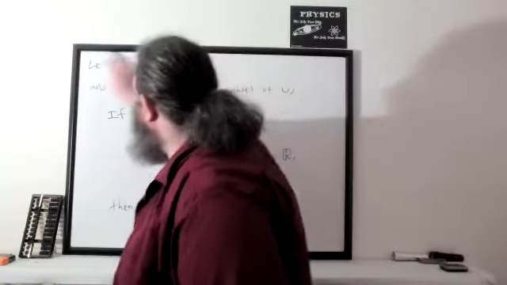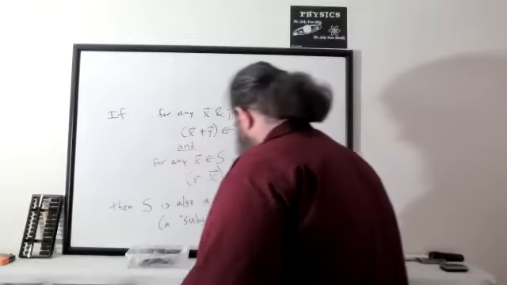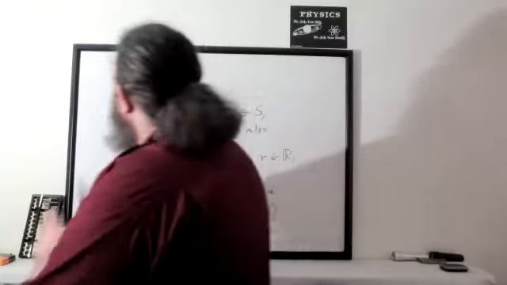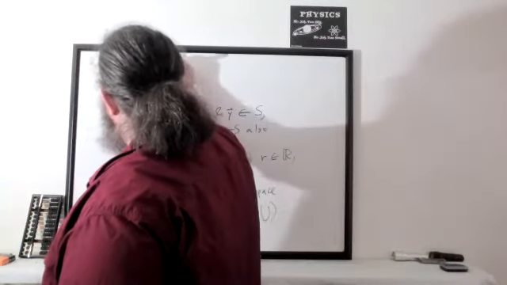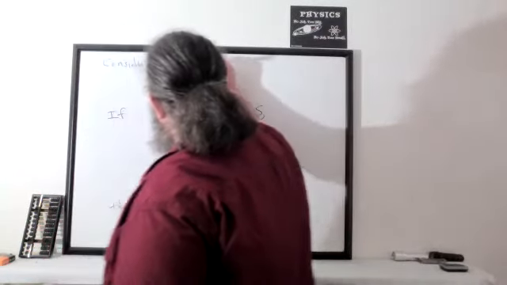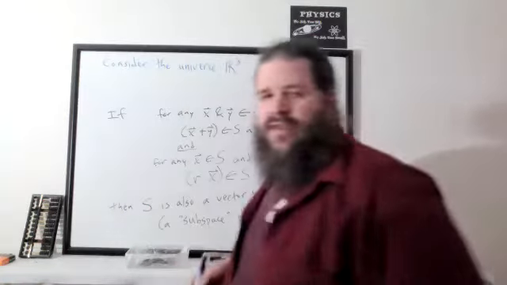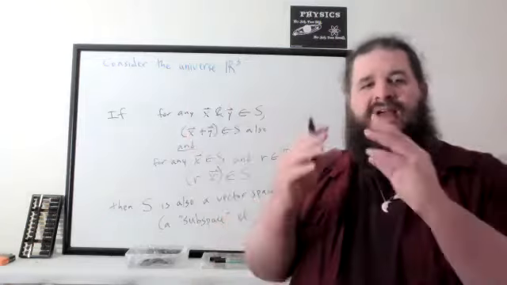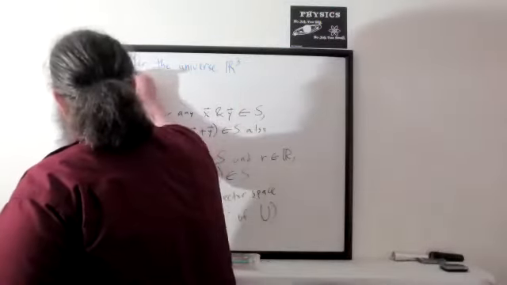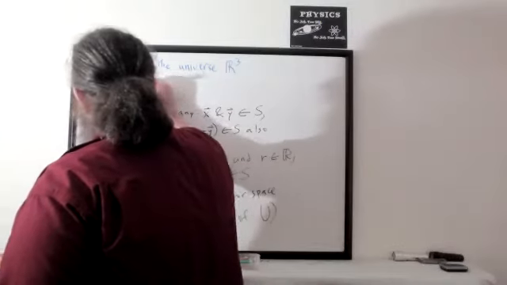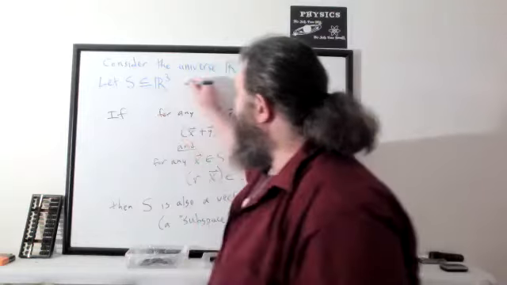Let's say our universe is R3. And let's say we're looking at a smaller set of the vectors in R3. Let's say we have a subset of R3. S is a subset of R3.